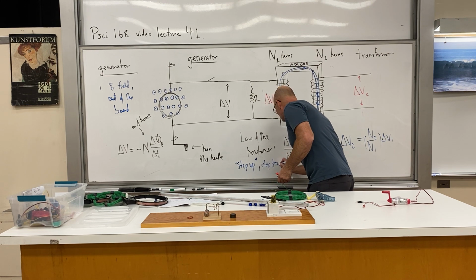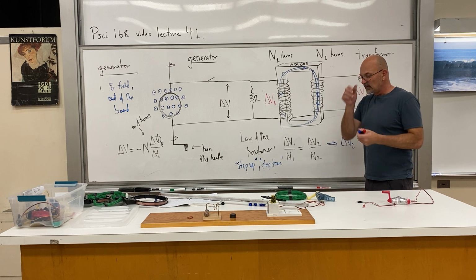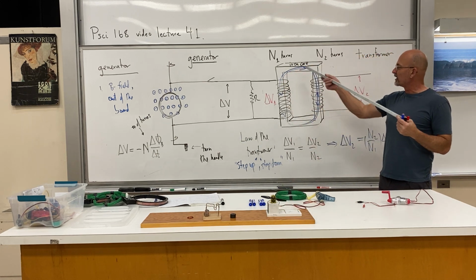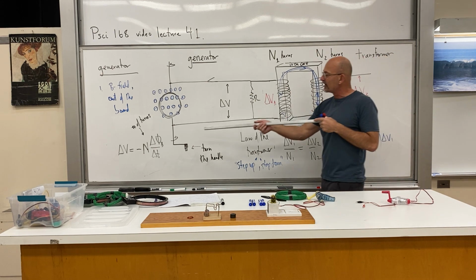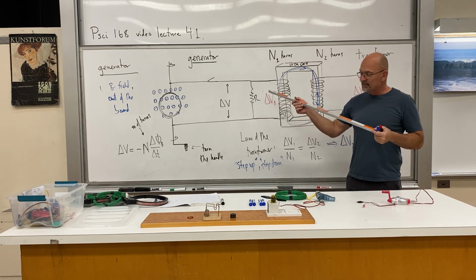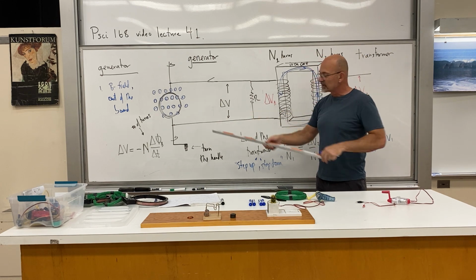So yeah, you can look something up about those. And what's interesting also is the transformer, which is such a simple thing, an iron frame with wire around it. It depends on Faraday's law. You can't do a transformer of this type with a battery. A battery is a direct current. This produces an alternating current.